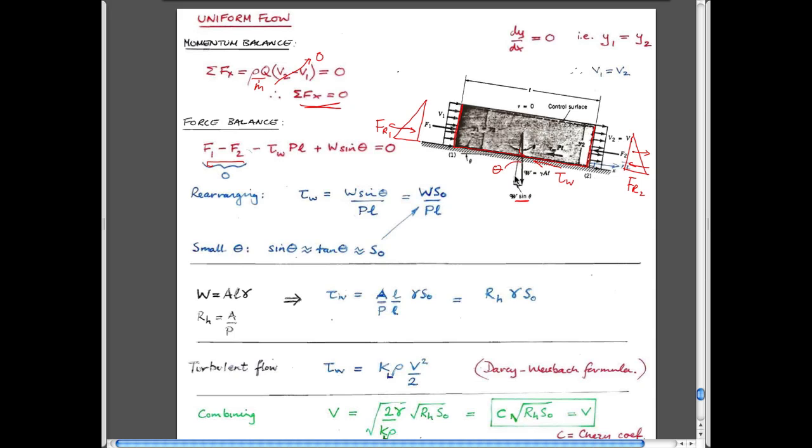It acts downstream, while shear stress is upstream, so they're opposite of each other. So we have this expression here, and we can rearrange it in terms of this component. The weight of the water, the inclination of the bed, the perimeter.